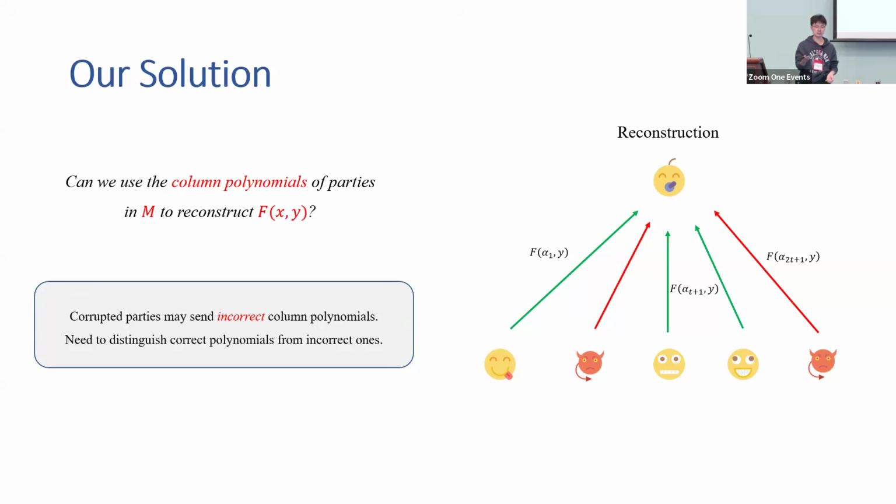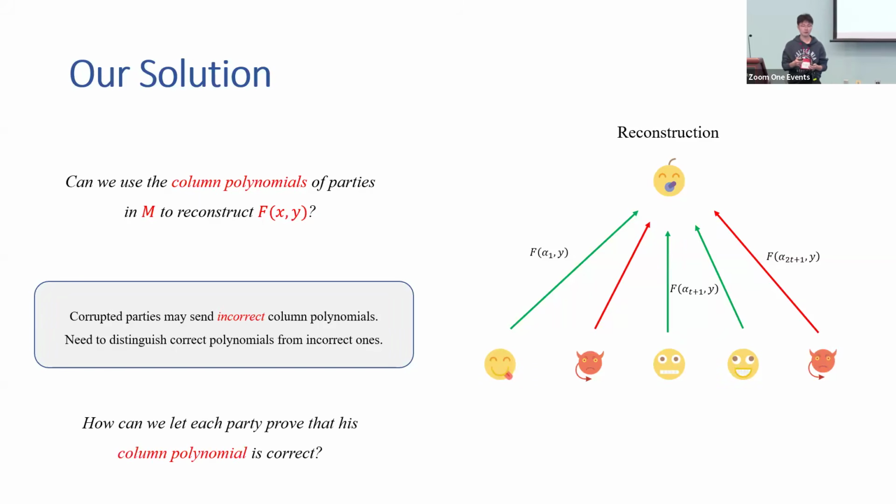But if each party just uses the first t+1 column polynomials he received to recover f(x,y), that may result in different honest parties recovering different results. That is not allowed. So maybe we need a way to let each party prove that he sent the correct column polynomial to the receiver.